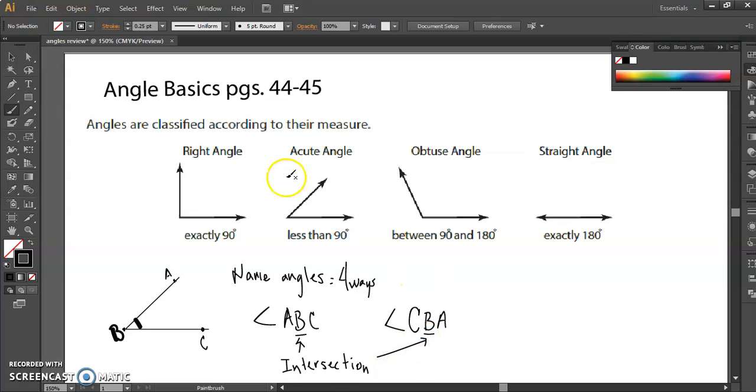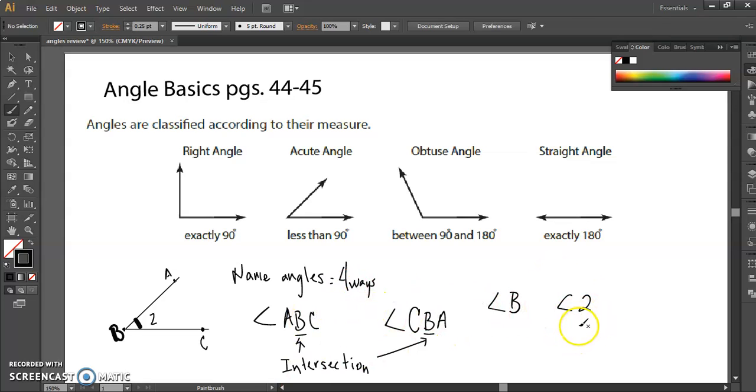Another way that we can name them is just by writing the point of intersection, angle B. And let's say that this angle has a number. We can write a number here, for example the number 2, and that would be another form of naming it, with the number that the angle has.